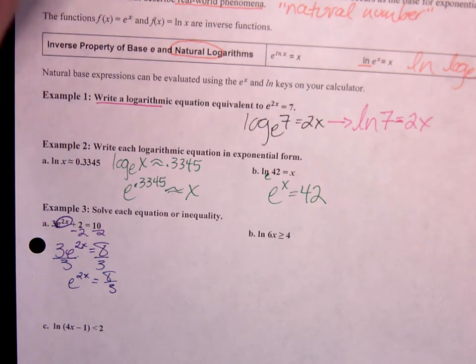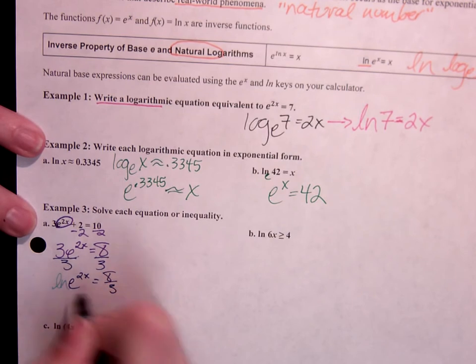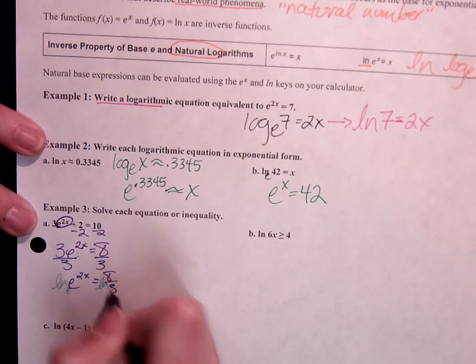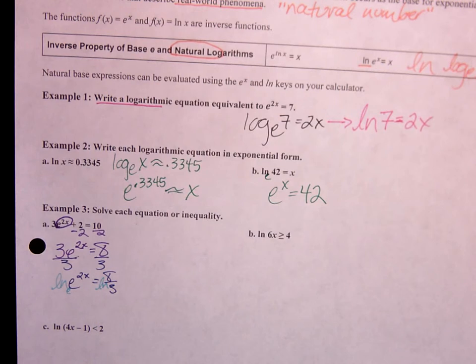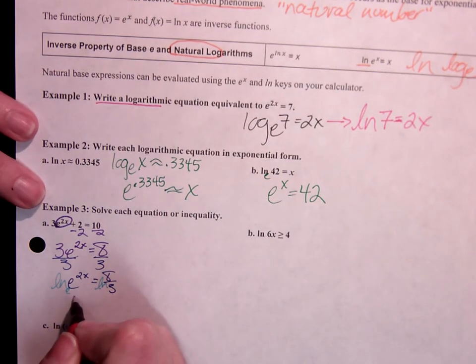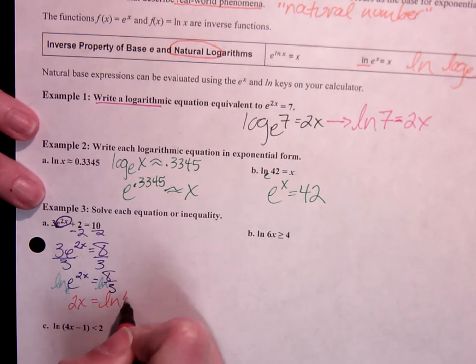And then because I have that natural log, when I take the natural log base e of e, that's going to cancel out, which leaves me with just 2x equals the natural log of 8/3.